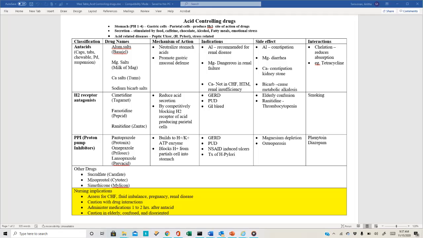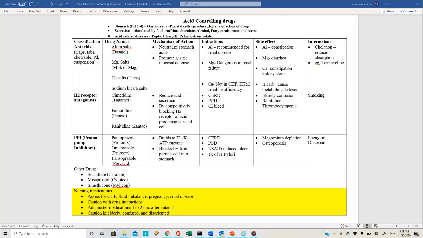Both these classes, the H2 receptor antagonist and the PPI, say it very clearly in the name itself, right? Inhibiting the proton pump by blocking the parietal cells of the stomach. So I think in this sheet on the acid controlling drugs, it's more important to focus on certain side effects and certain medications because the rest is pretty straightforward.